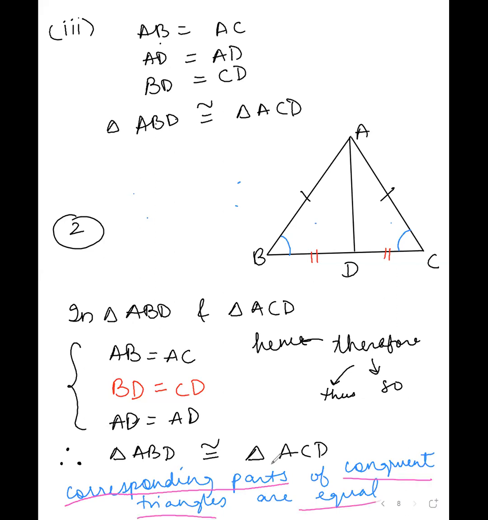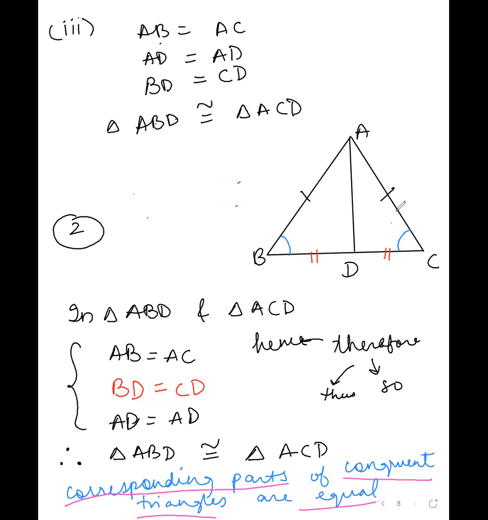Fine. What is the meaning of corresponding parts, Hiba? They are equal. Now, what is the meaning of corresponding parts? If I say that these two triangles are congruent, then what all are the corresponding parts? Triangle ABD and triangle ACD are triangles. I am talking about parts of the triangles.